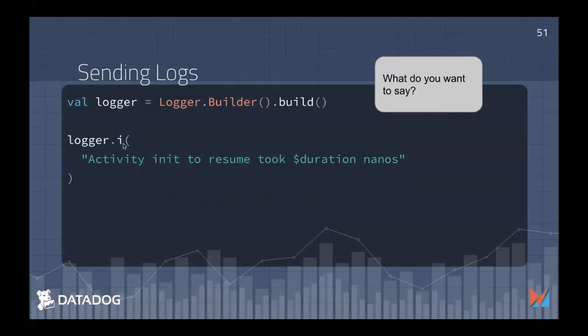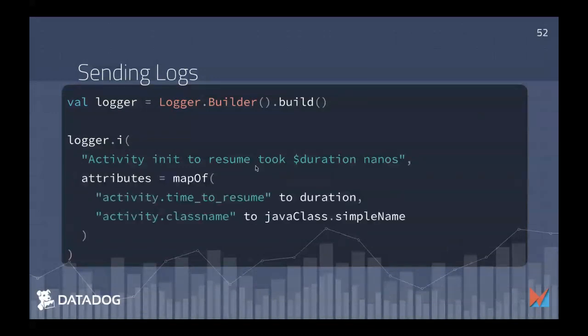So we have this API that'll use the same methods that you know from the Android log methods, but you can also add, as I said, structured information. So you can add attributes with any kind of data added to them.